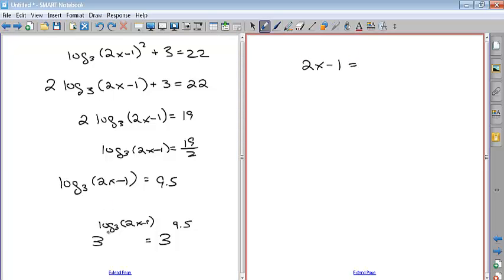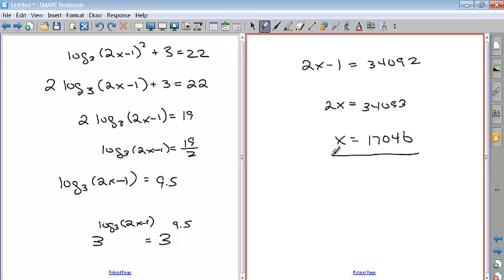So I get just 2x minus 1, and then you have 3 to the 9.5 power, which is always, I always pick a number that's too big. So 3 to the 9.5 power is 34,092. Then I would add 1 to both sides to get rid of that on this side. So I get 34,093. Divide both sides by 2, and I get 17,046.